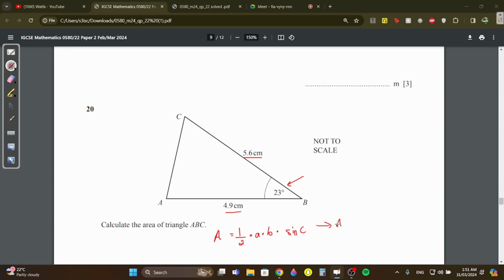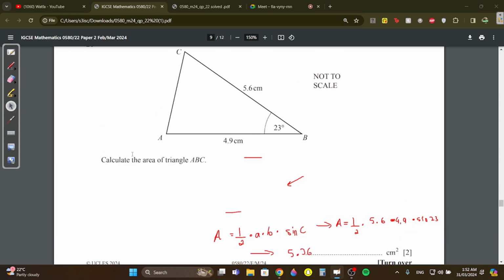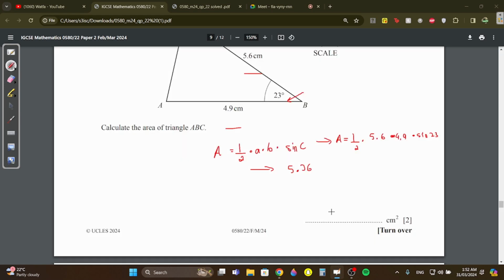This means the area is going to be equal to 1 over 2 times 5.6 times 4.9 times sine 23, and you get 5.3608310833, which if you round it to three significant figures, because they ask you in the instructions of the exam to round it to three significant figures, will be 5.36. So your answer is 5.36.